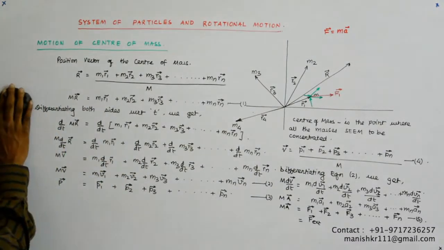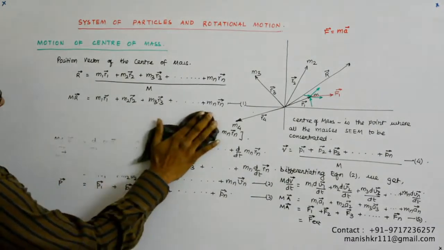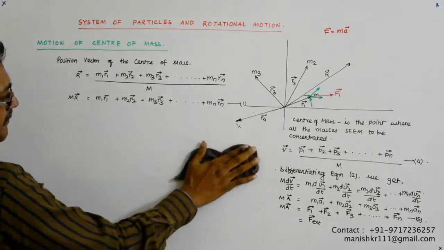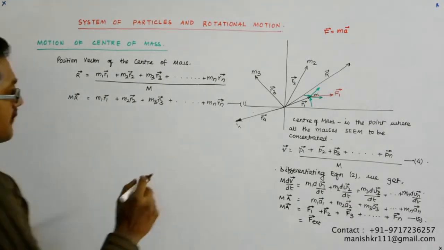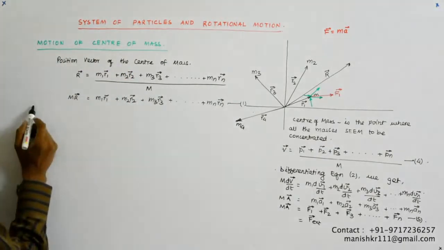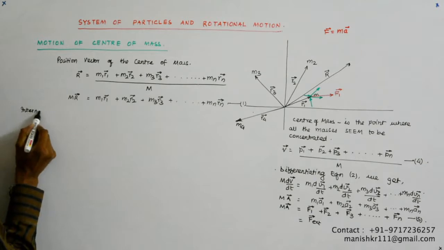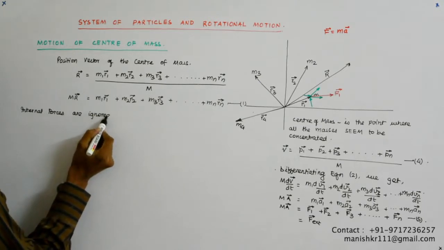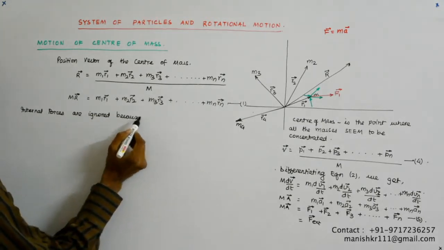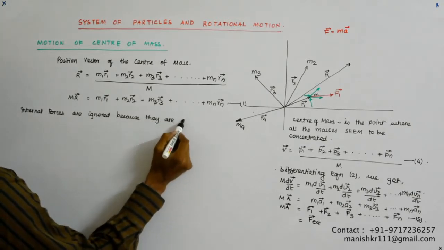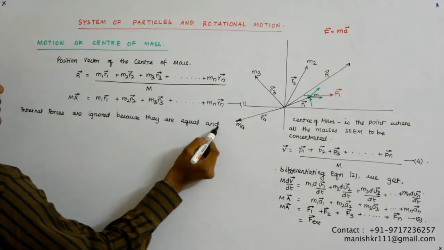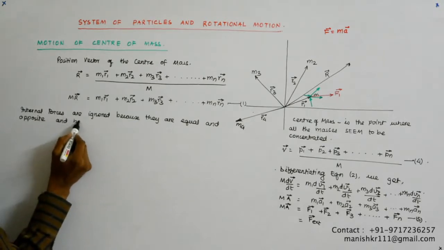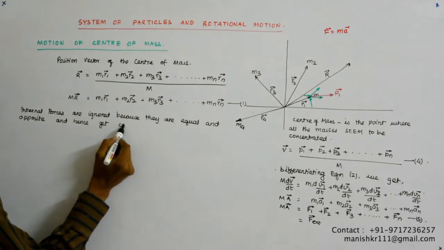So do I erase this? This was M4. So internal forces are ignored because they are equal and opposite, and hence get cancelled.